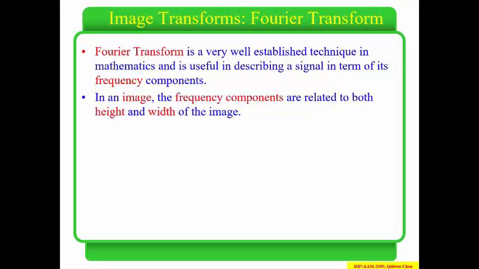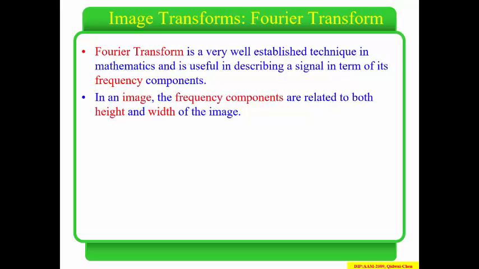In signals and systems, the original space was the time domain, and it was continuous. Here, our original space is the spatial domain and it is discrete. I have pixels, it is not continuous. So instead of using the Fourier transform, I will use something else, which is called the discrete Fourier transform.